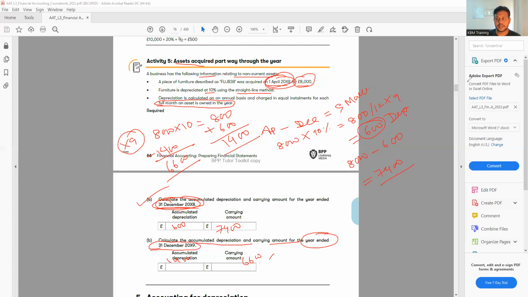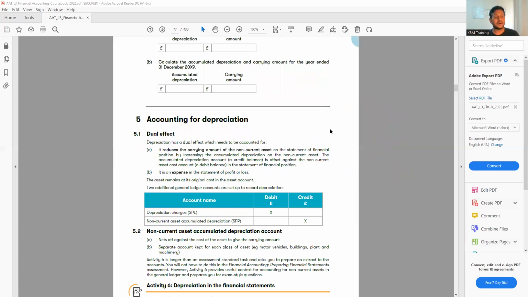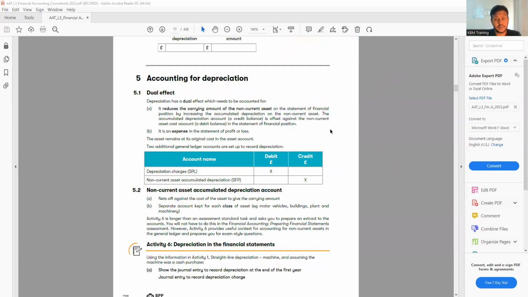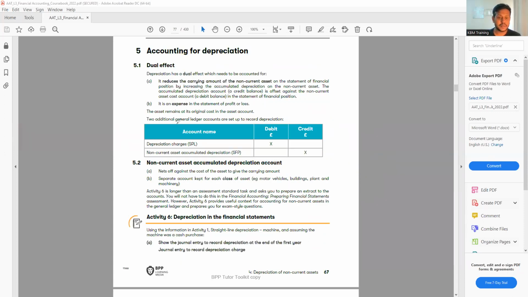All right, let's move to the next one: accounting for depreciation, how we record the depreciation in the form of debit and credit. The depreciation charge is an expense, so it will be a debit.